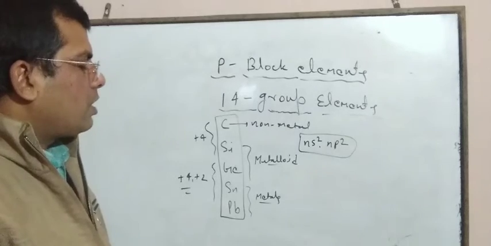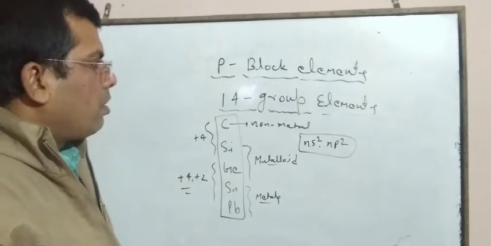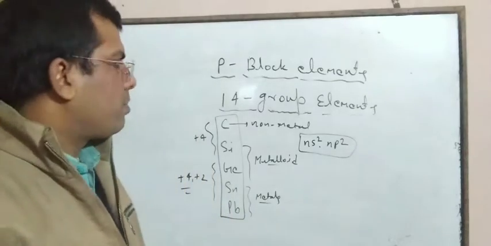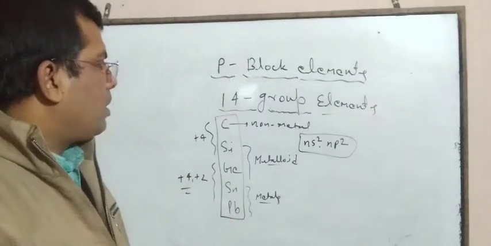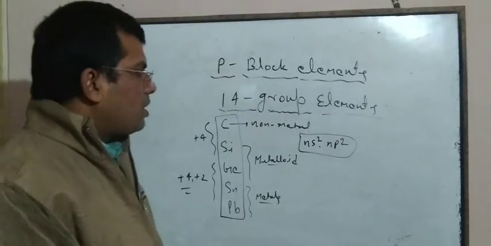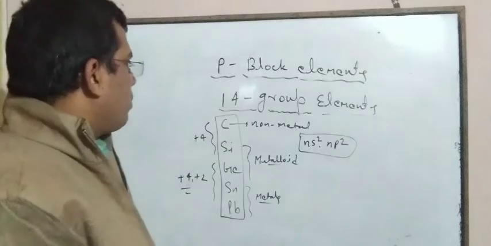If we discuss the periodic trends of group 14 elements, first we will discuss atomic size. As we know, atomic size increases on moving from top to bottom.